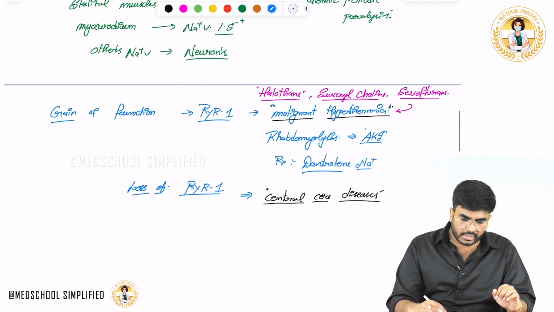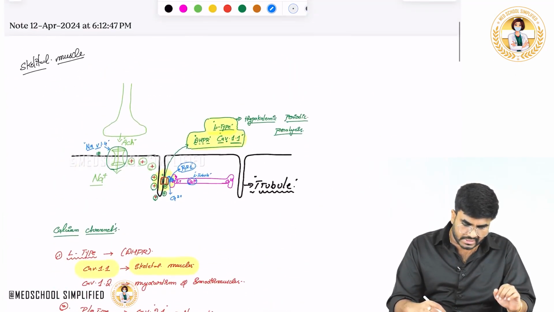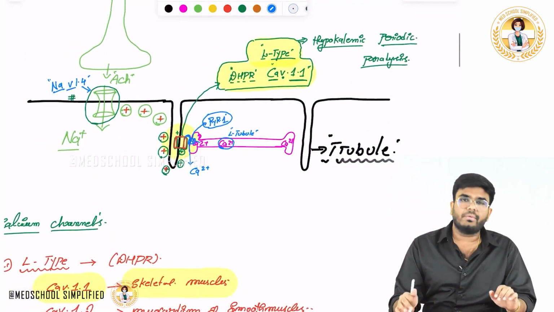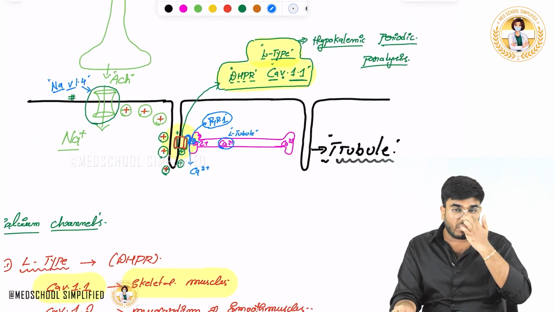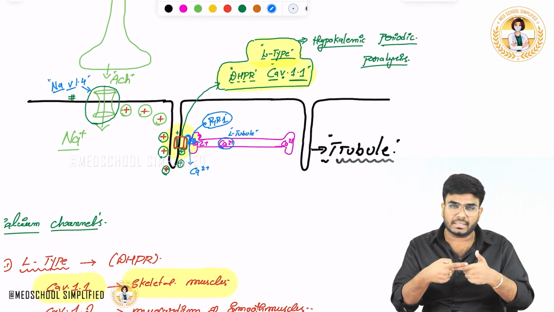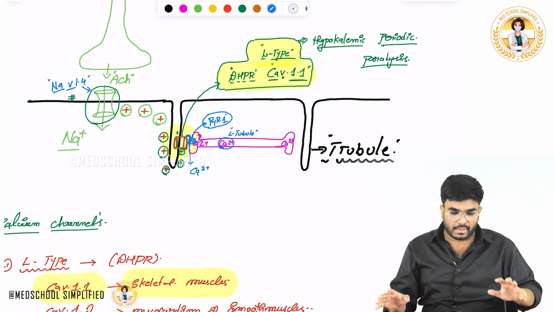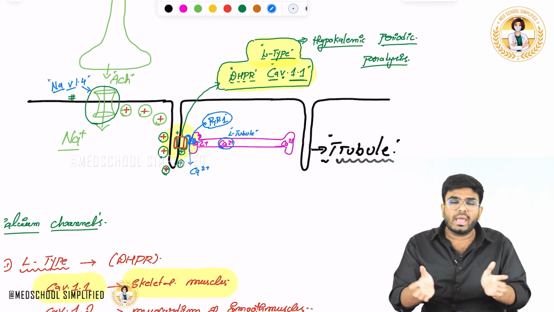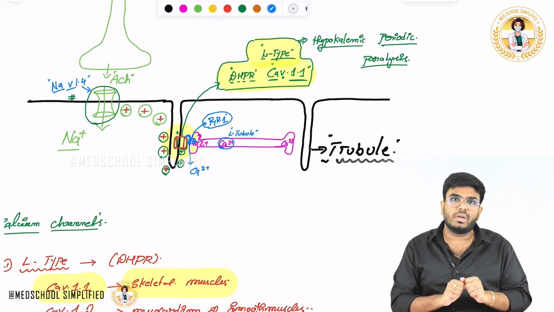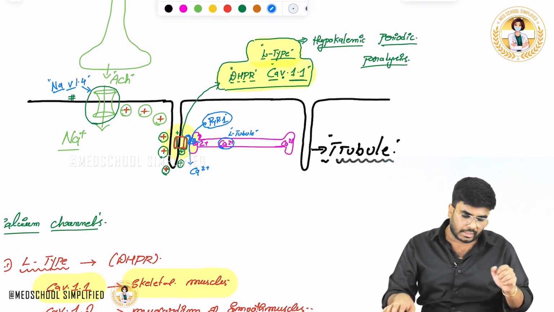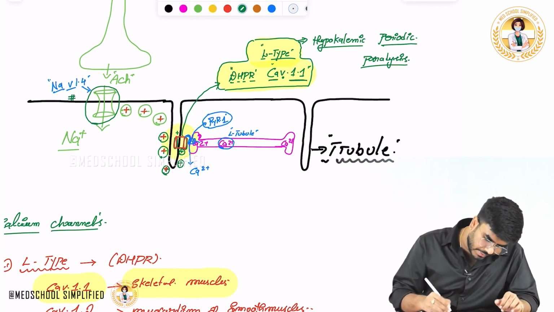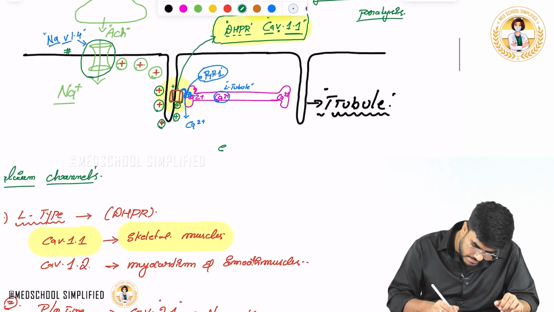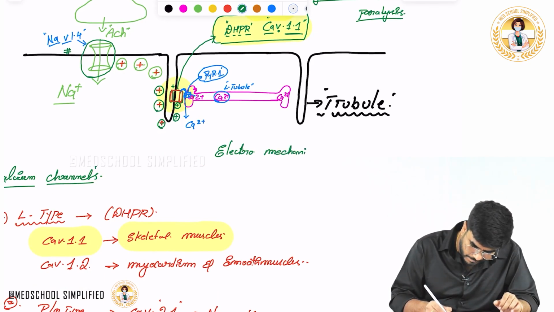Now here, in the skeletal muscle contraction, we are in the beginning. We haven't seen so far how the actin and myosin are interacting. Here, the entire concept I have explained is called electromechanical coupling.